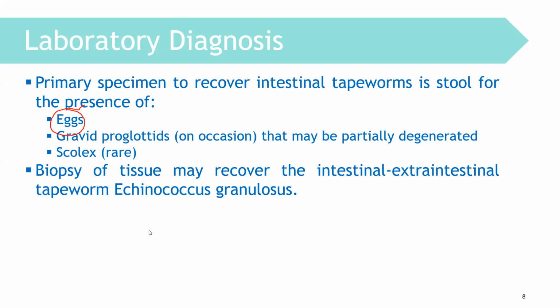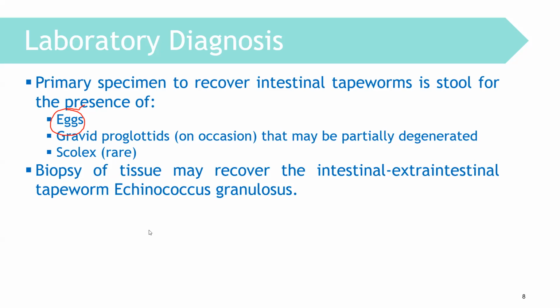Okay? And like nematodes, our cestodes have their own distinguishing characteristics. Meron siyang radial striations, that is your Taenia. Meron siyang operculum, that is your Diphyllobothrium latum.